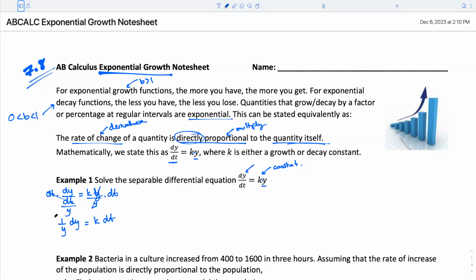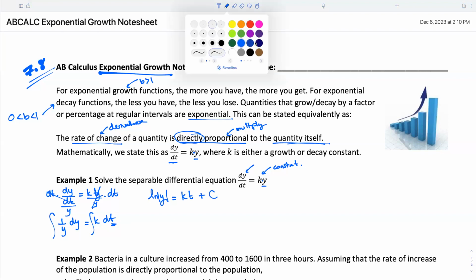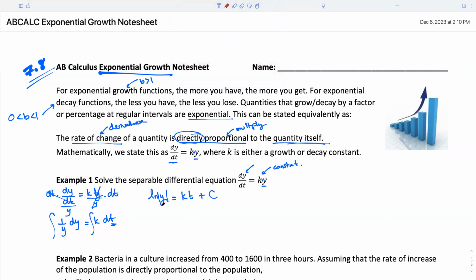So now that we've separated, next step is to integrate. The integral of 1 over y, we know, is ln of y, absolute value. And the integral of a constant is going to be a constant times that variable, which is t, and then plus some constant c. Now, if you guys recall, we got to solve for y next.